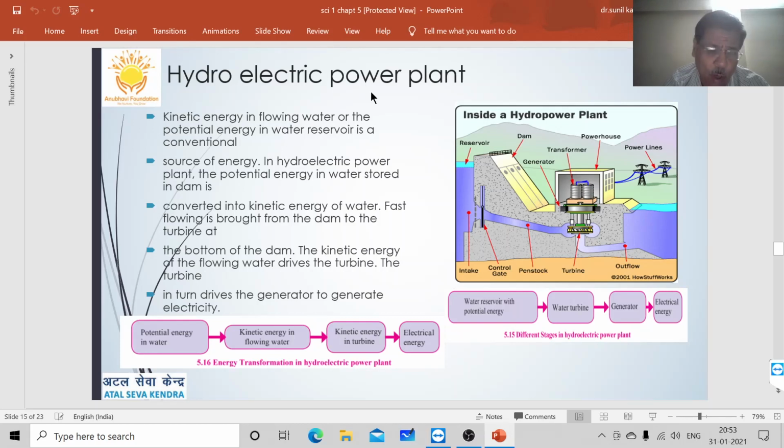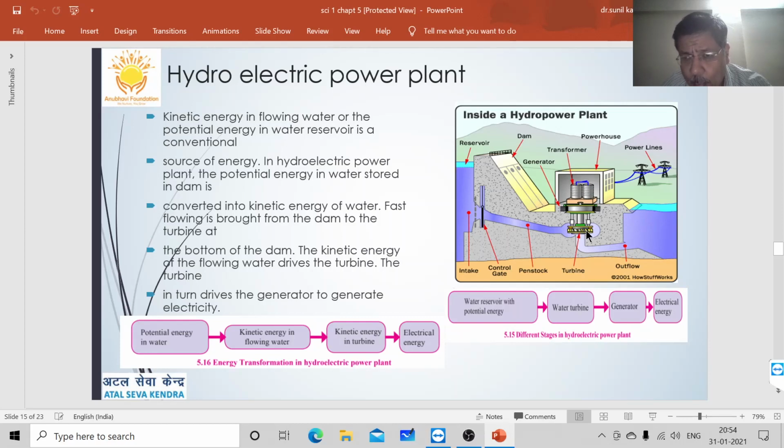Hydro means from water. So kinetic energy in flowing water or the potential energy in a water reservoir is a conventional source of energy. In a hydroelectric power plant, the potential energy in water stored in the dams converts into kinetic energy of water flowing from the dams, and it will rotate the turbines which are at the base of the dams.